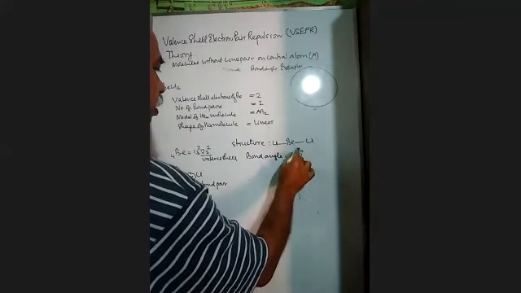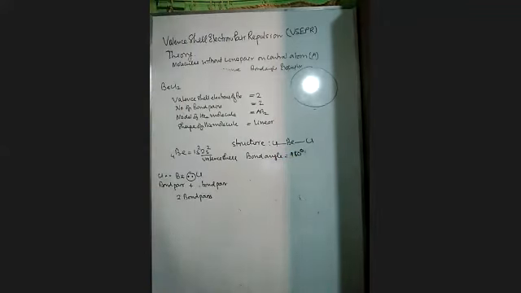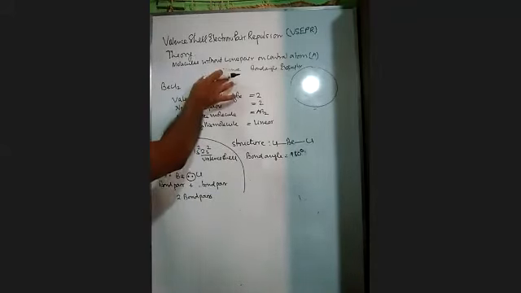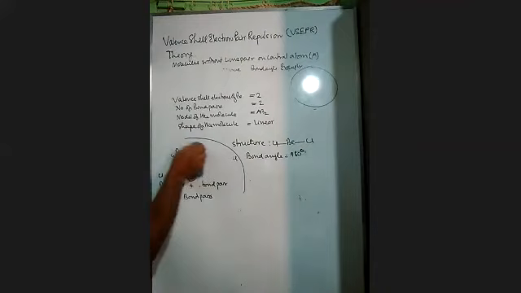The bond angle is 180 degrees. So this one you write on the top, then you write this.